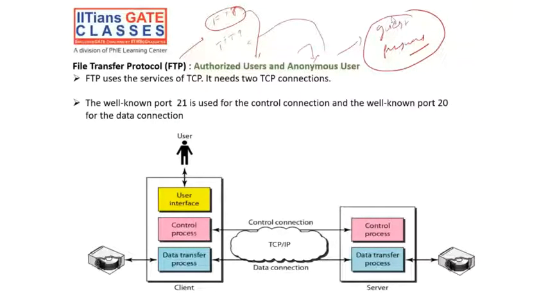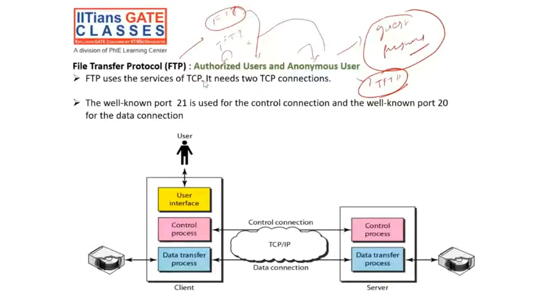Whatever documents are in the public domain, allowed for the public, where there is no need of authorization, we use the TFTP protocol. Otherwise, FTP is the file transfer protocol for authorization.